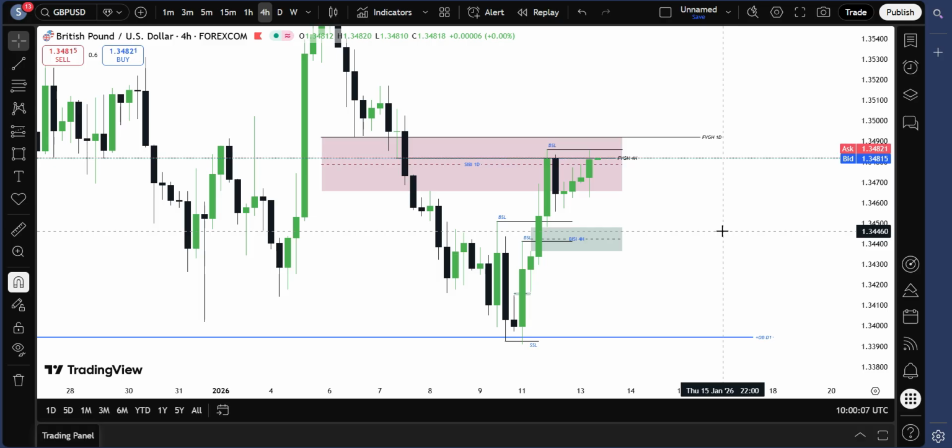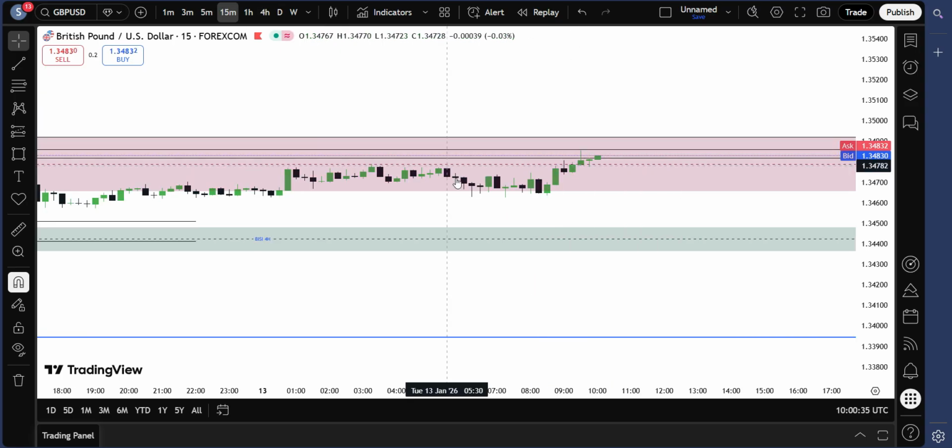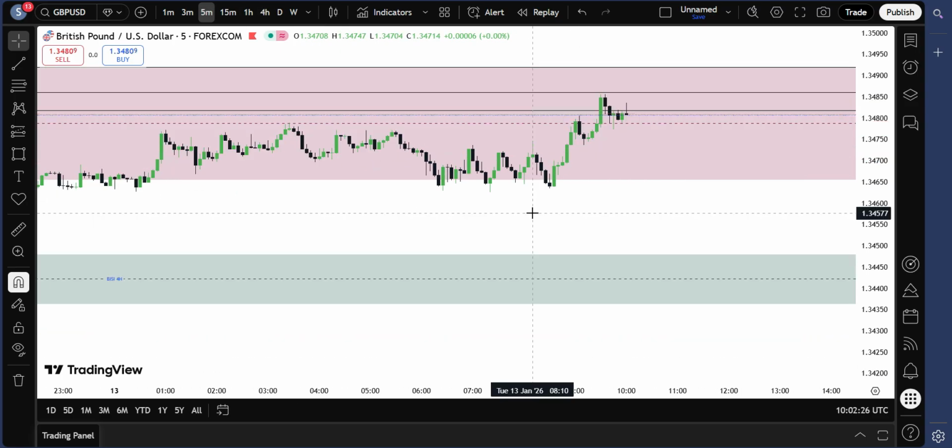Okay, so it's 10 o'clock now. The new candlestick is forming. We are yet to see the impact of the news. We will have to sit on our hands. Price has still not showed us what it wants to do. This candlestick couldn't take any area of liquidity. The market is very quiet.